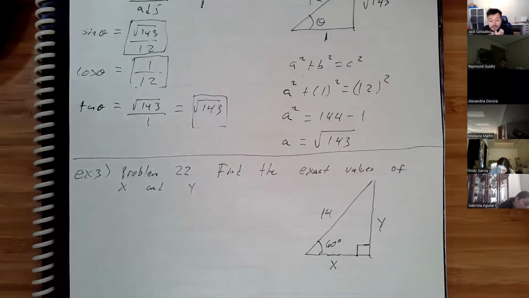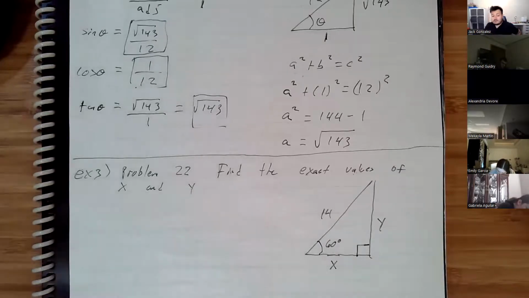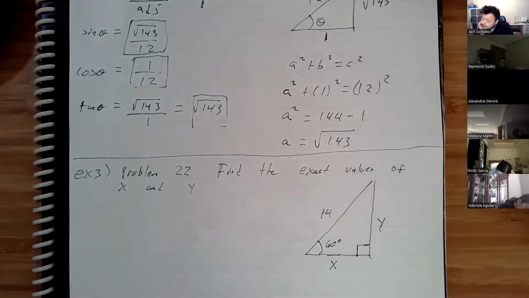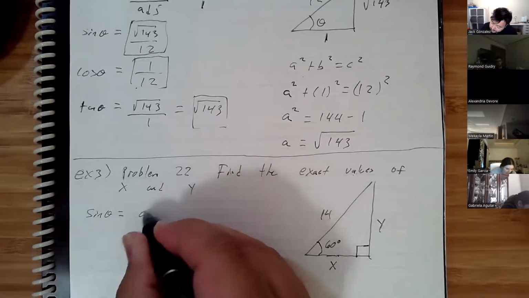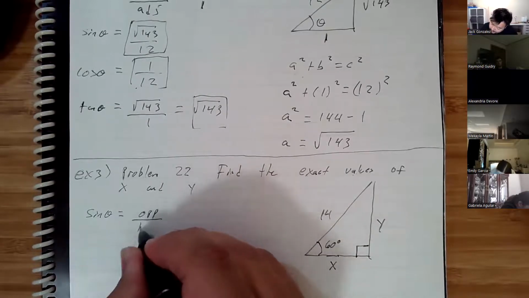So we can use the definitions of the 6 trig functions to solve the missing pieces. Let's use sine to solve for y, because we know that sine of theta is equal to opposite over hypotenuse.